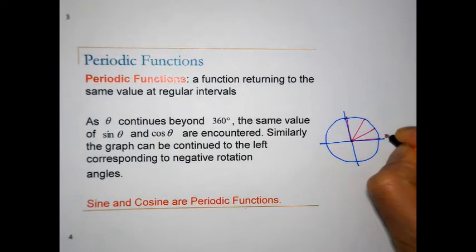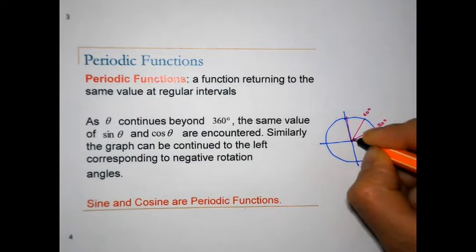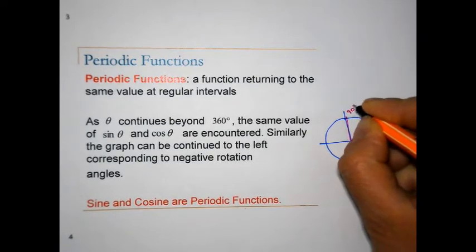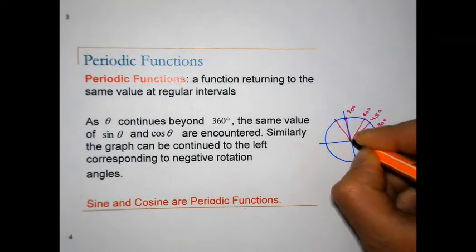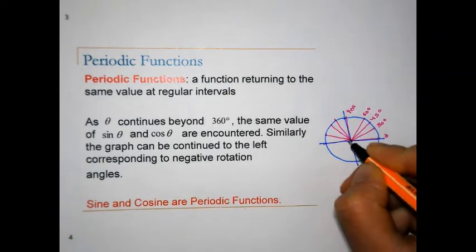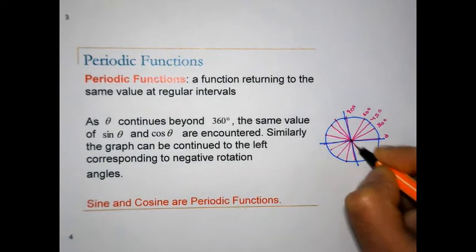So 0 degrees, 30 degrees, 60 degrees, halfway 45 degrees, 90 degrees, and so on.